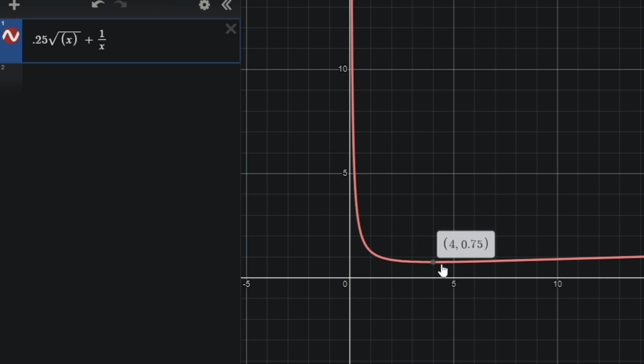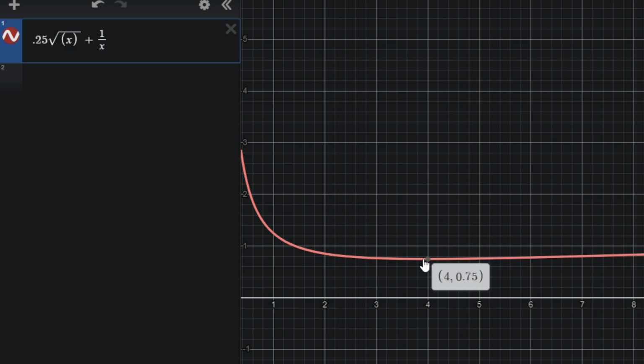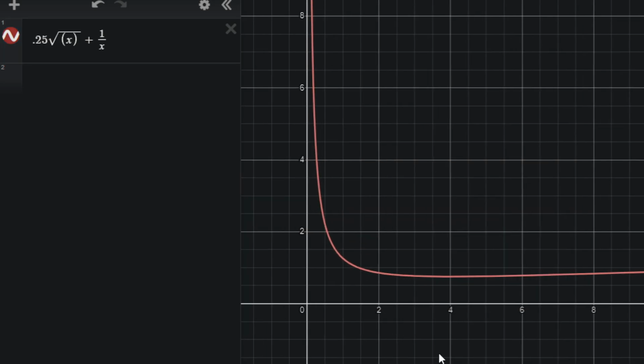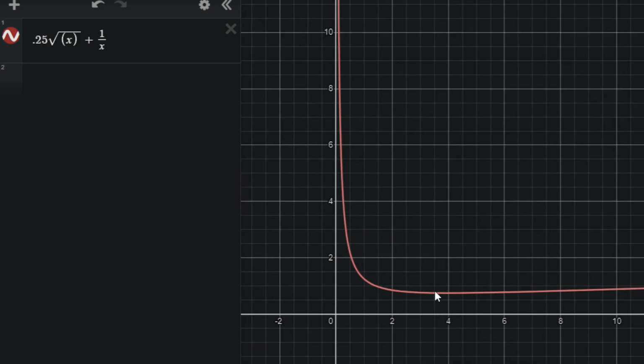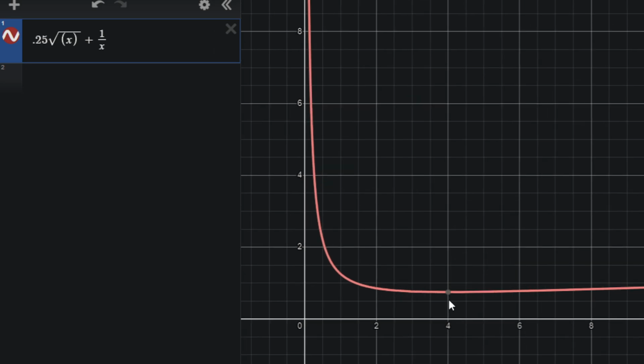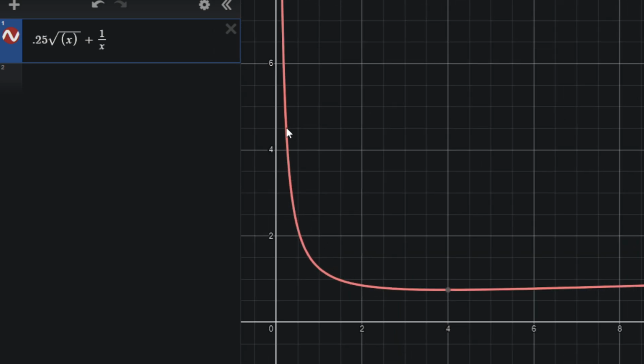So 4 is where we have the local min, and this is why it's helpful to look at the math and not always just the graph, because it would be very hard using the graph here to pinpoint that the local min is at 4, right? Because it gets very flat around 4, but that's indeed what it is. And it's decreasing up to that point and then increasing afterwards. Okay.